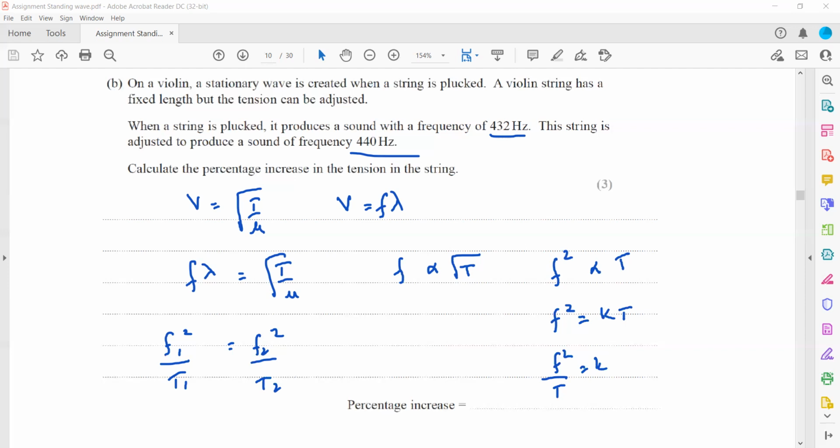When we simplify this equation, T2 divided by T1 is equal to f2 squared divided by f1 squared. The second frequency is 440 and the first frequency is 432, so 440 squared divided by 432 squared. When we simplify this, we get 1.03.